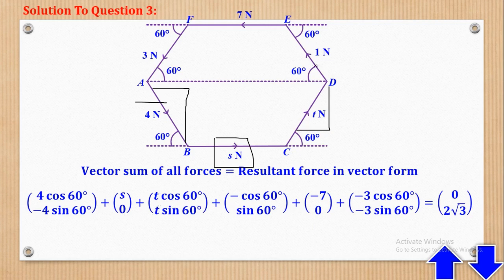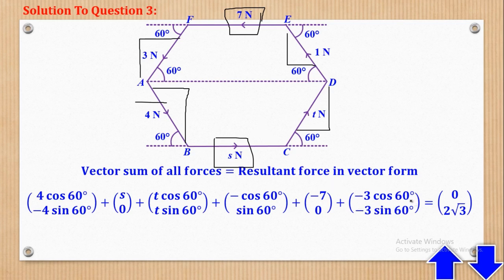For 1, horizontally it will be to the left and vertically it will be upwards, so horizontal will be negative and vertical will be positive. 7 is entirely horizontal and it's moving to the left, making it negative 7 and 0. 3 horizontally is to the left and vertically is downwards, meaning both will be negative.